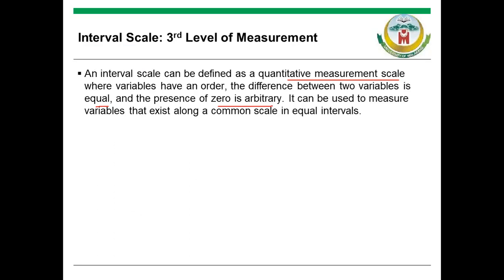For example, we say that in temperature, let's say the temperature is 37 degrees Celsius and 38 degrees Celsius, and we say that today's temperature is 1 degree higher than yesterday's temperature. So these are interval scales, okay, in which the important aspect is the difference between the two values. These are called interval scales, okay.